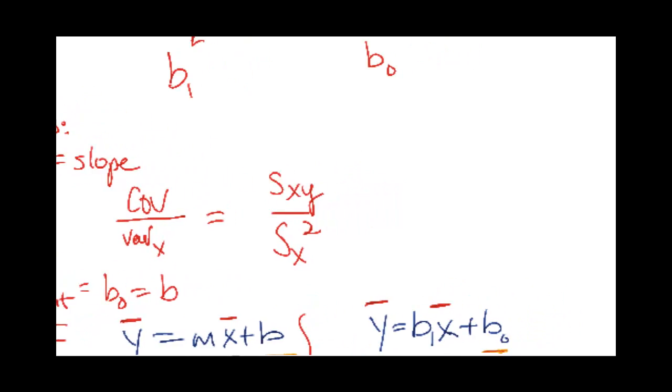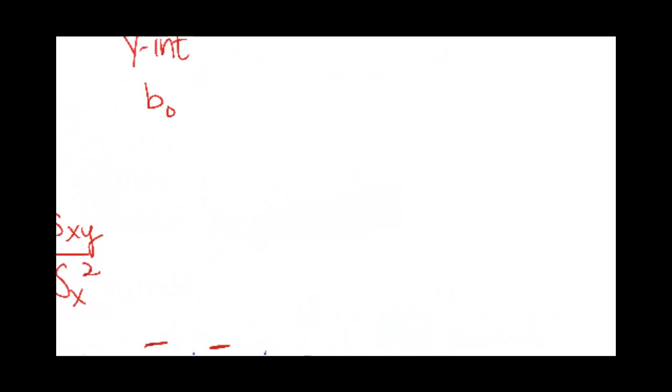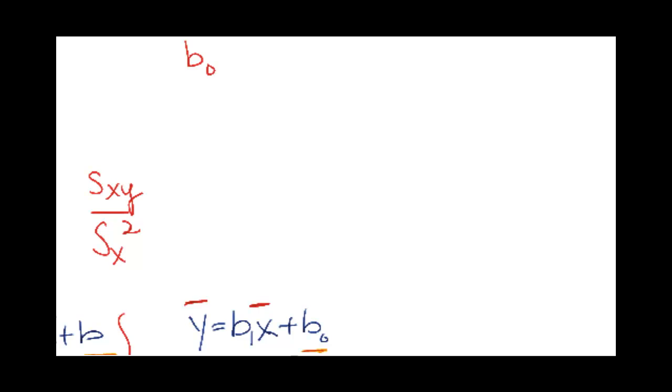Alright, so just in case you forgot some of these equations, the covariance equation, actually I think the book probably uses i. I don't want to confuse people.